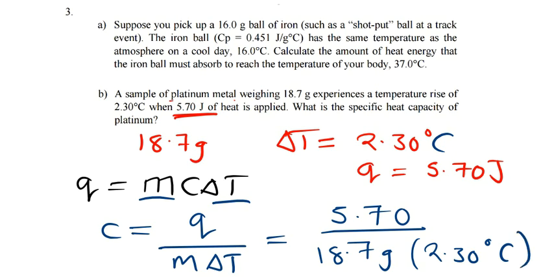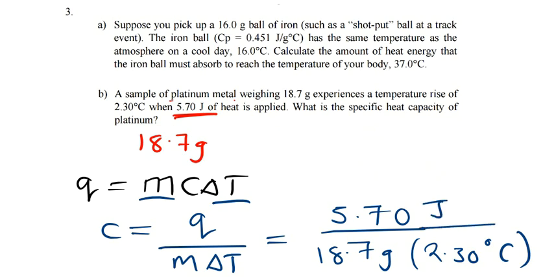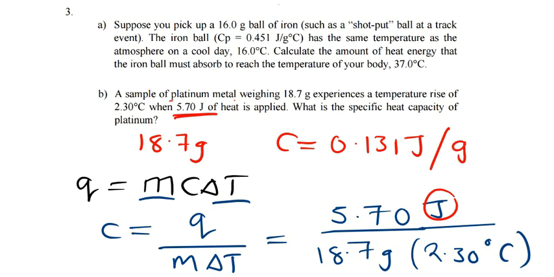So 5.70 divided by the product of 18.7 times 2.30 gives us 0.131 joules per gram degree Celsius. That is the specific heat capacity of platinum.